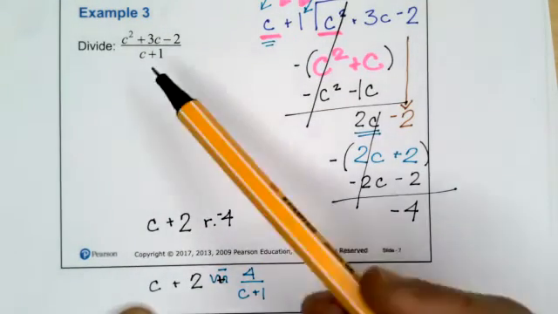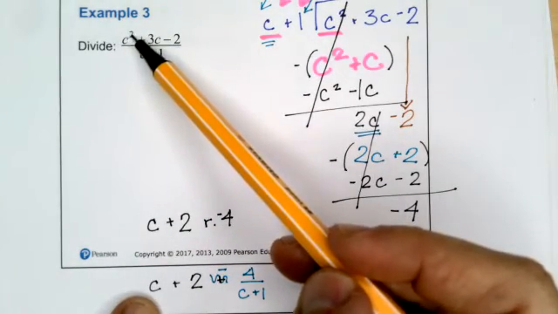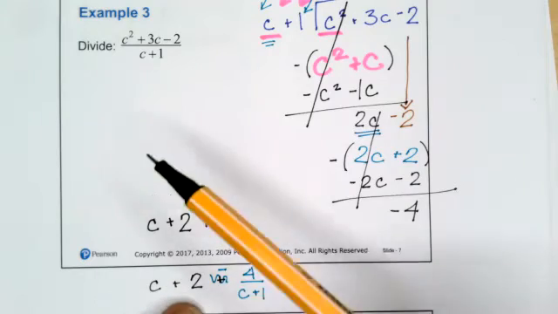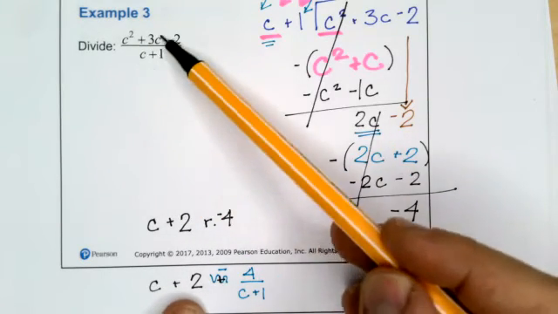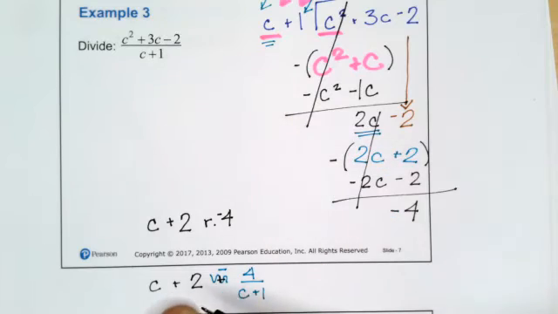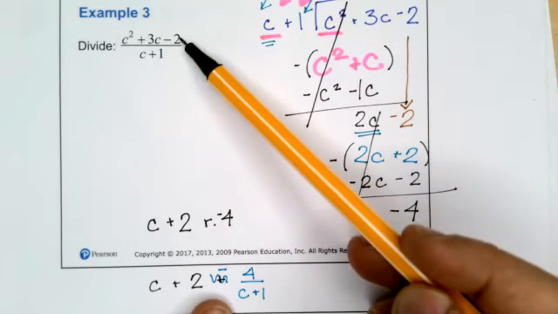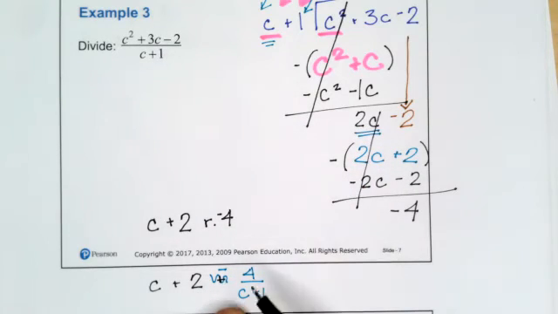Okay, we got that first term, we got out of C. That second term, we got out of 2. I know it doesn't make perfect sense like it did when it was a monomial down here. We got a 2. Here we had a remainder, so we're leaving the C plus 1 on the bottom. So we have C plus 2 minus 4 over C plus 1, or C plus 2 remainder -4.